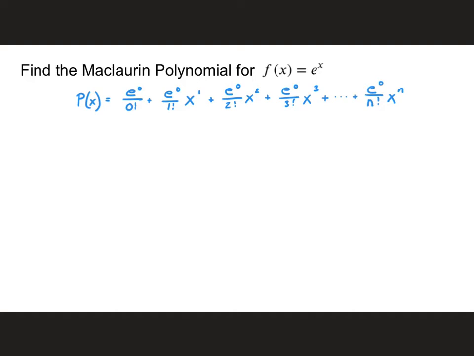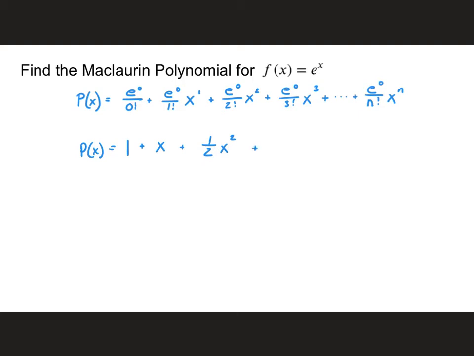Now, I will actually go through here and simplify some things down. I know e to the 0 is equal to 1, and 0 factorial is 1, so that's just 1. And then I got 1 plus, well, that would be just x for the second term. The third term would be 1 over 2 factorial, which is 1/2 x squared.